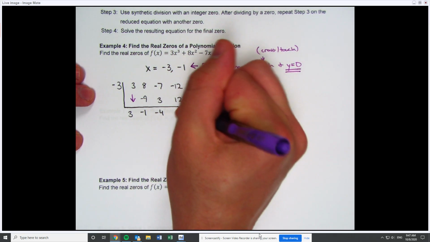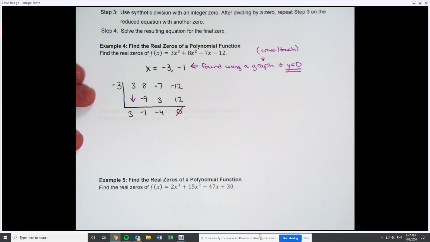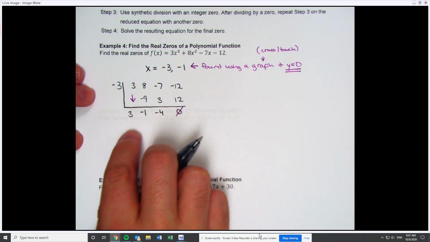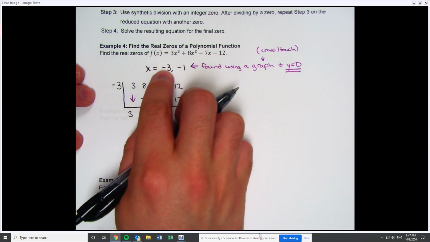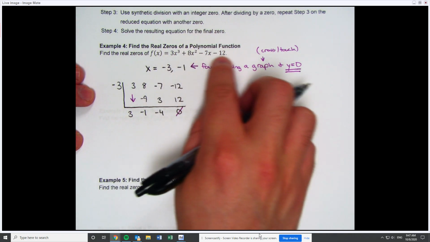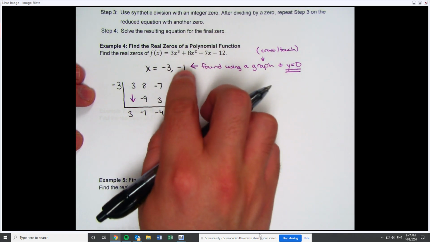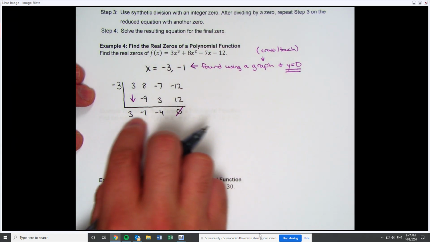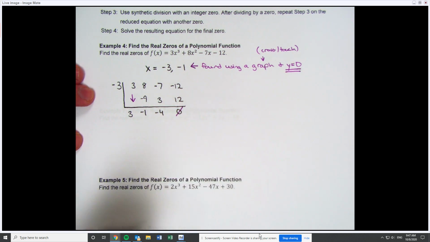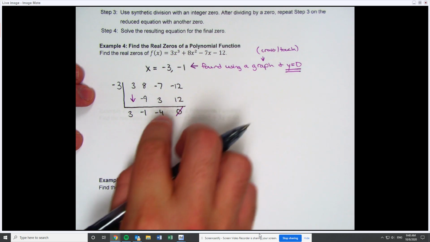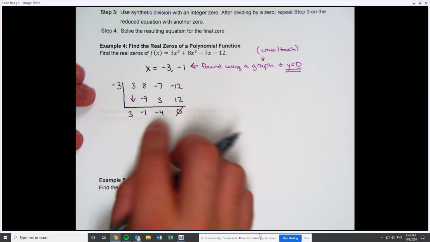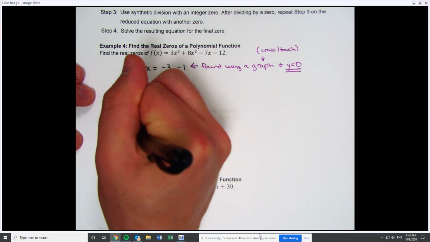All right, now for the next cool part. I can do synthetic division again. If -3 is a 0 for all of this, that means -1 is going to be a 0 for what's left over. That's kind of like that previous page where I broke it down into 3 different factors. So I know -1 works for this one. So I'm going to do synthetic division again.